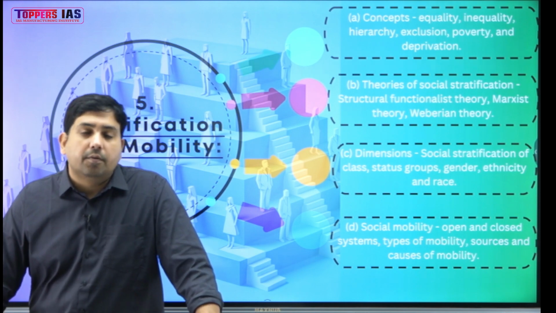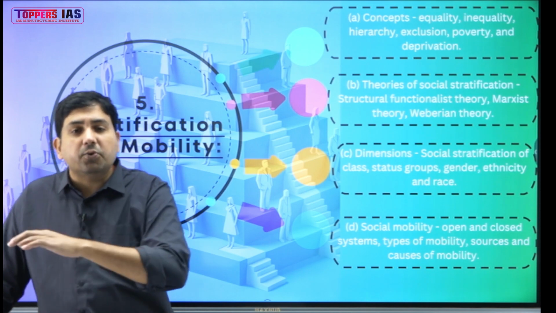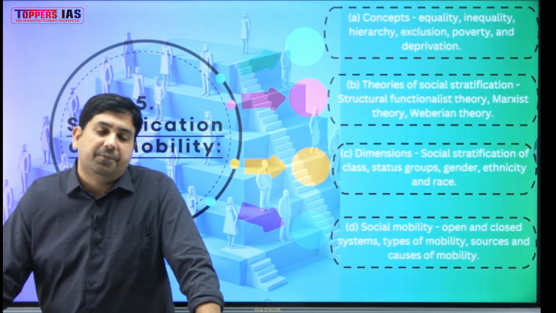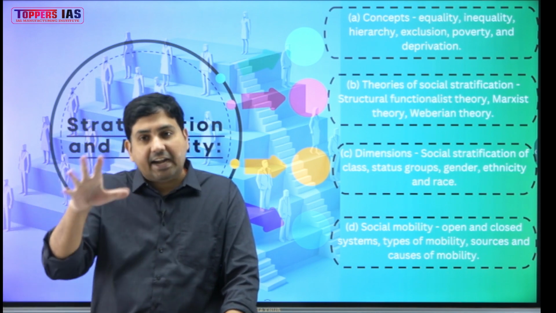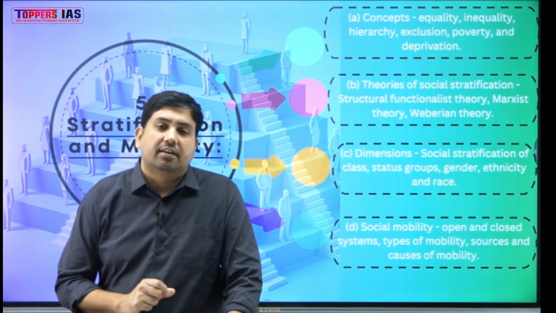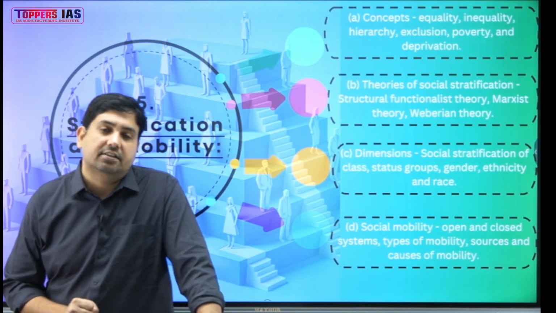Okay? So closed system, open system, but in reality no society is absolutely closed or absolutely open. People say American society, for example, is an open society, but that society also has some element of closeness. For blacks there are various hindrances.